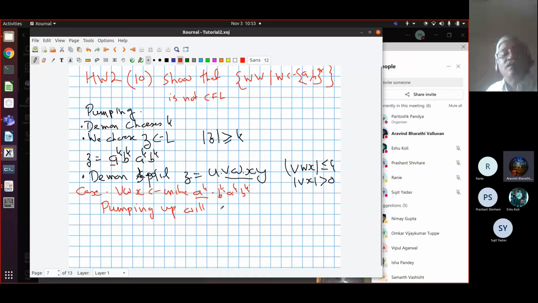It will increase the number of a's, because VX only consists of a's, and by pumping a's you will increase the a's. It will make the string a raised to M, b raised to K, a raised to K, b raised to K with M greater than K. So this was the easy case.